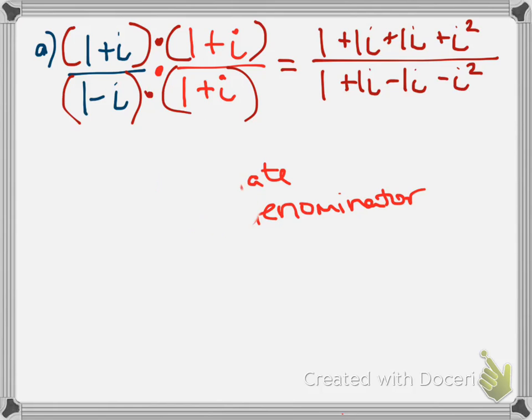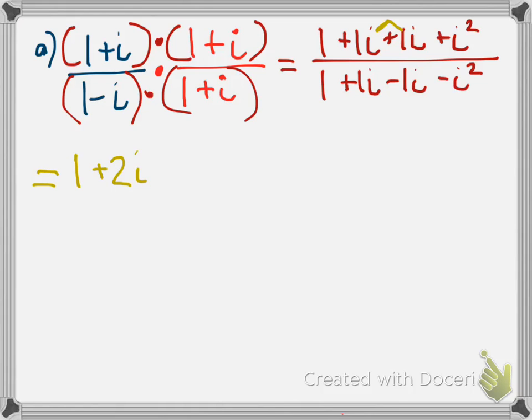So I'm just going to erase this note here so I can continue the problem. So moving on, this equals, we simplify our numerator, so I have 1, and then 1i and 1i make 2i, and i squared is a negative 1, divided by denominator 1, 1i minus 1i, those guys cancel, and I have negative i squared, which turns into a positive 1, because this becomes negative times negative 1, which is your positive 1.